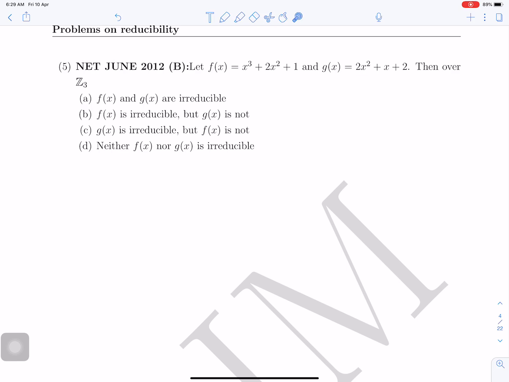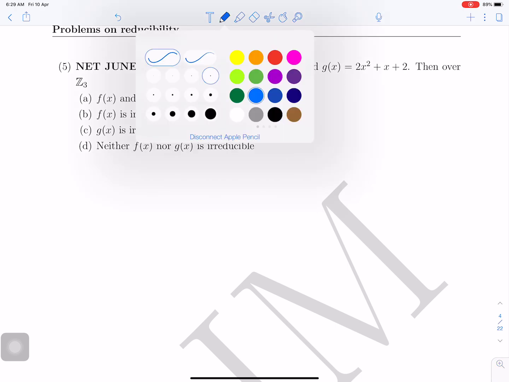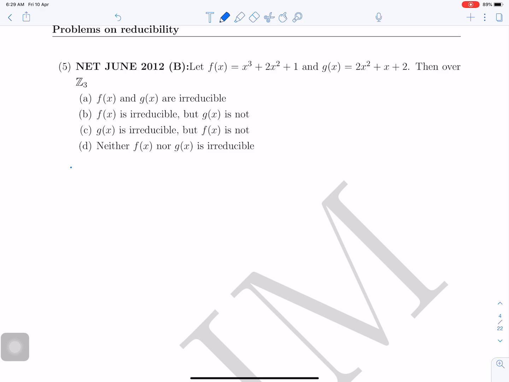And we have a result. Let me recall the result. Let f(x) belong to F[x], where F is a field. Let the degree of f(x) be 2 or 3.